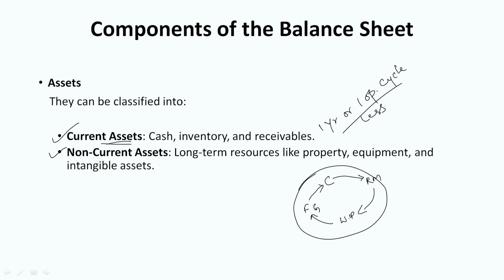So, if this is less than 1 year, then I am going to consider the operating cycle to be the measure. If it is more than 1 year, then 1 year would be considered for the items that are part of current assets. So, what are the items you can have in current assets?